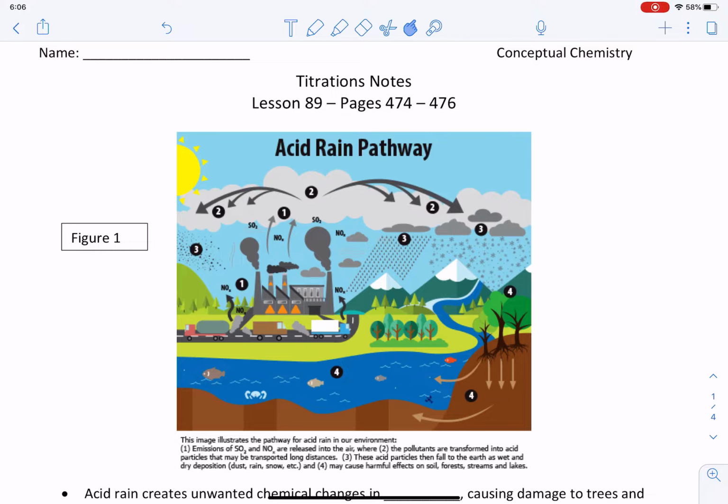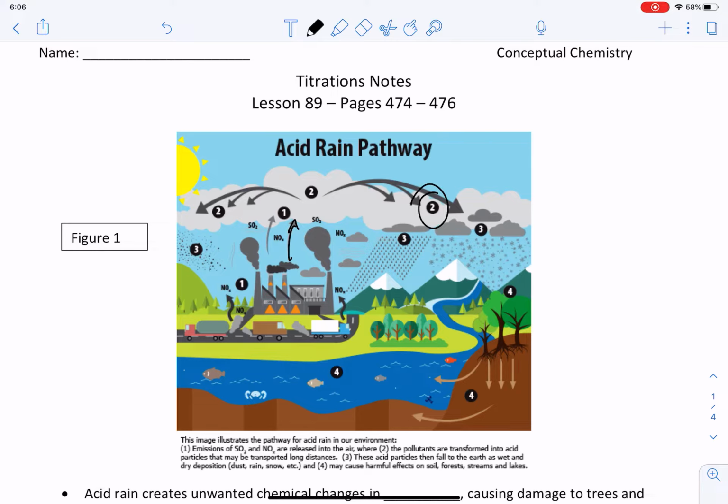So we have this figure here to start off. Acid rain can begin generally in industrious places that are creating a lot of emissions, such as sulfate and nitrate. This pathway shows as it travels into the atmosphere, the pollutants are transformed into acid particles. Okay, and that's going to be transported long distances.